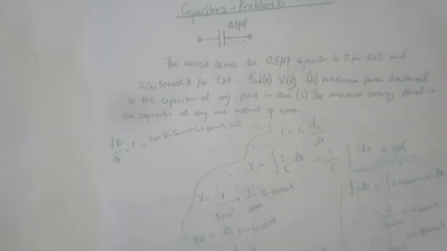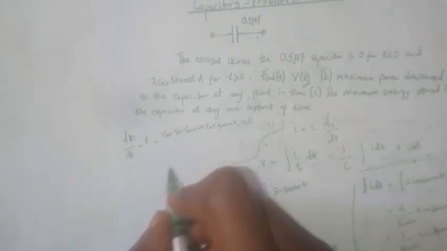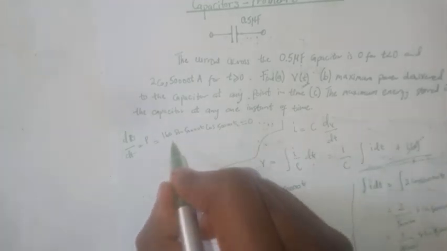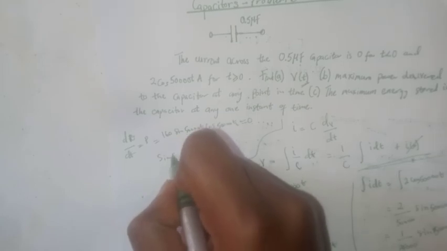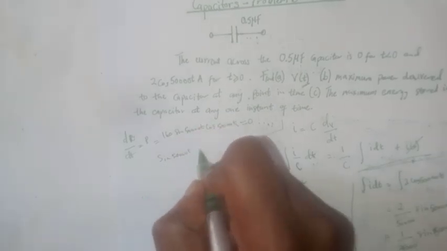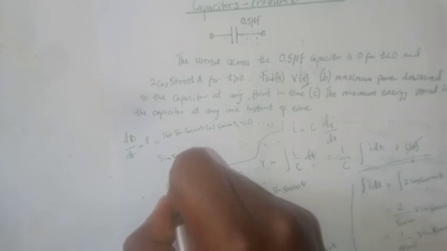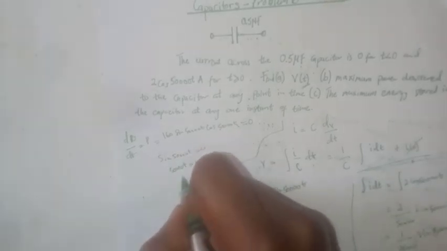The other gives the maximum energy stored at any point in time. If we divide both sides by 160 cos 50,000t, we would arrive at sine 50,000t equals 0. And if we take arc sine of both sides, we arrive at 50,000t equals 0. That is t equals 0.